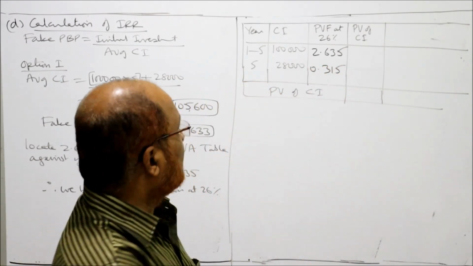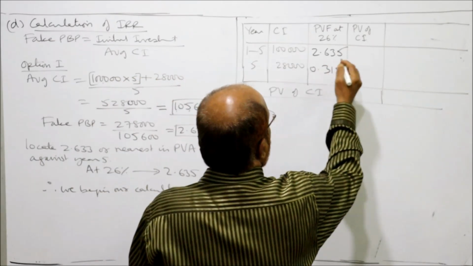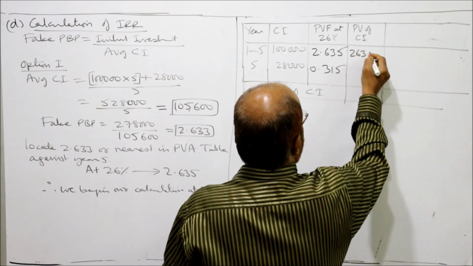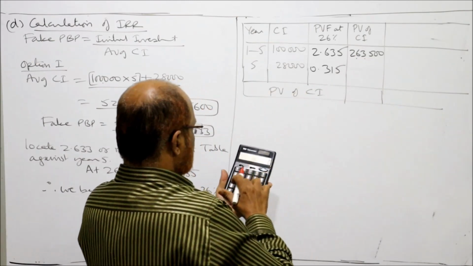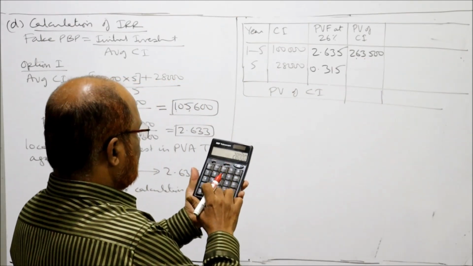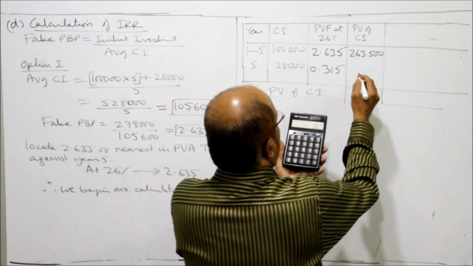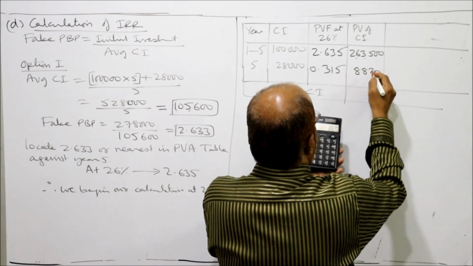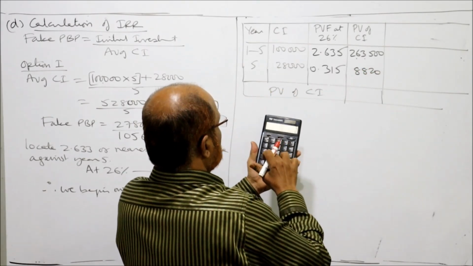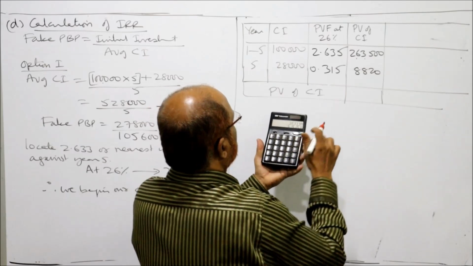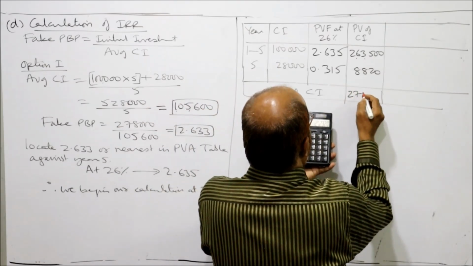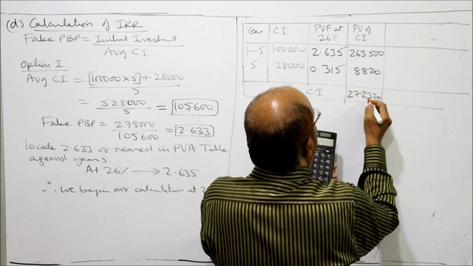That's all. Now we multiply: 2,63,500. Here it is 28,000 into 0.315, 8,820. Adding 2,63,500, we get 2,72,320.